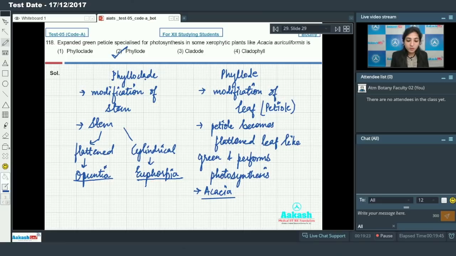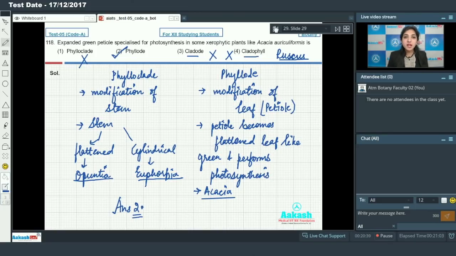This is the case of phylloclade. So this is ruled out. Cladode and cladophyll are the same. They are the green stems of limited growth which have taken over the function of photosynthesis from the leaves. They are found in ruscus. Okay, so these options are also ruled out. So by this, the answer to this question is option number 2.